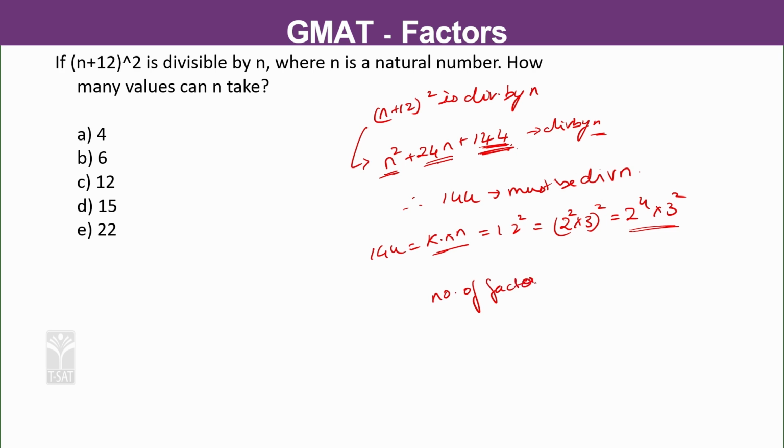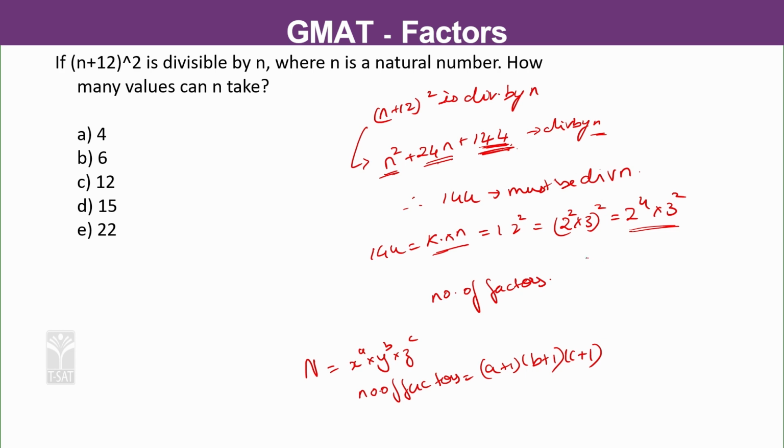You need to know this equation: for any number n equal to x to the power of a into y to the power of b into z to the power of c, the number of factors is given by (a plus 1) into (b plus 1) into (c plus 1), where a, b, c are non-negative integers.